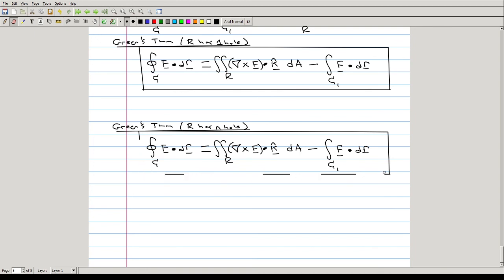Specifically, you'll have to subtract out around each individual missing portion of the domain. You'll have a contour Ci, which is traversed in the clockwise direction, and you have to sum over each one of them for i from 1 to n.